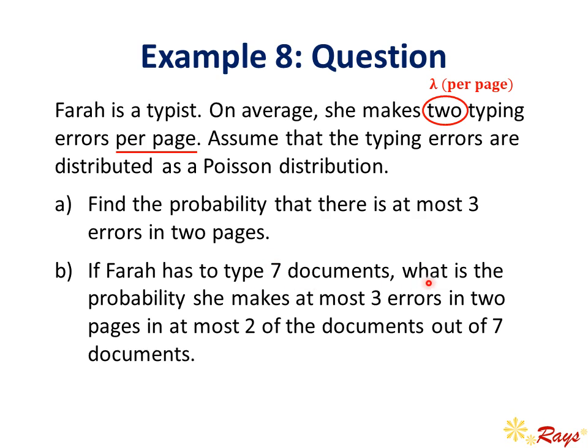We can see the similarity here, at most 3 errors in 2 pages. So the probability that we found here is actually the probability for one document. And then we have to find the probability of at most 2 out of these 7 documents. It looks a little bit confusing, but let us continue with the solution.